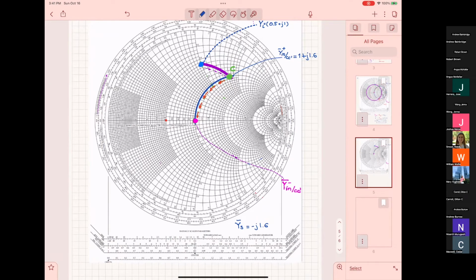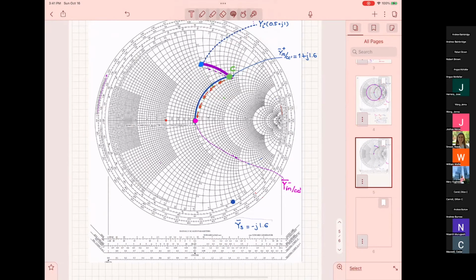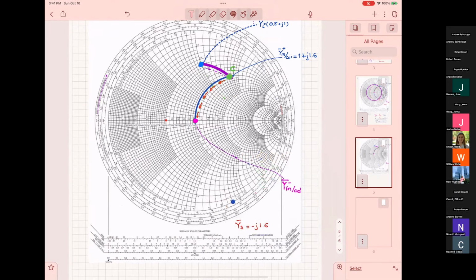Minus j 1.6 reactive is here. And let me do it with red, since I use that always for color. That's YS, minus j 1.6.